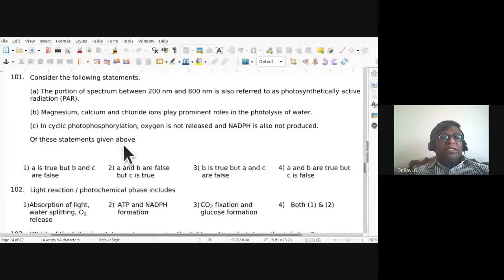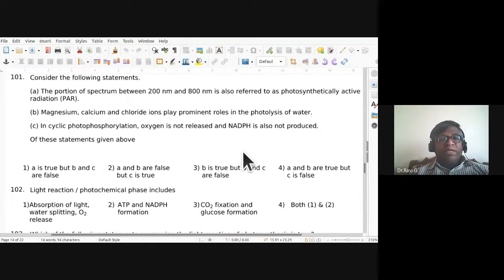101. Consider the following statements. A: The portion of spectrum between 200 nanometer and 800 nanometer is also referred to as photosynthetically active radiation, PAR. B: Magnesium, calcium, and chloride ions play a prominent role in the photolysis of water. C: In cyclic photophosphorylation, oxygen is not released and NADPH is also not produced.